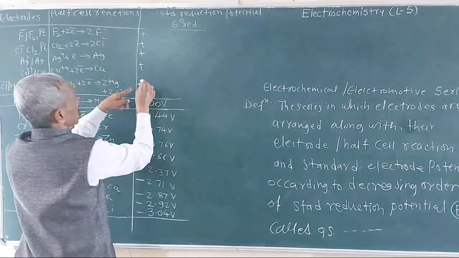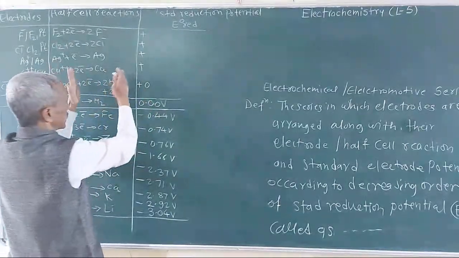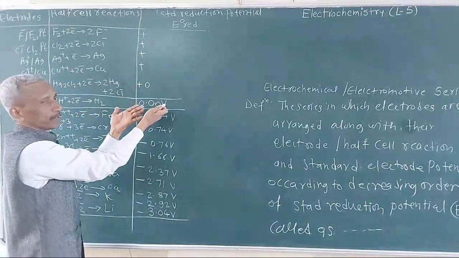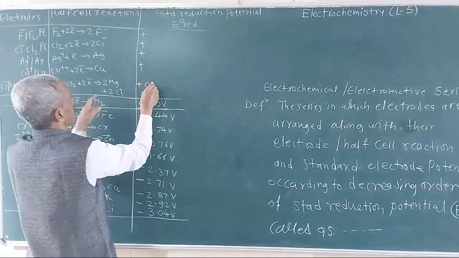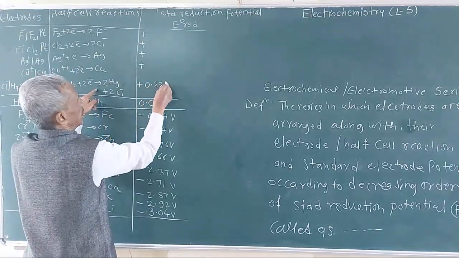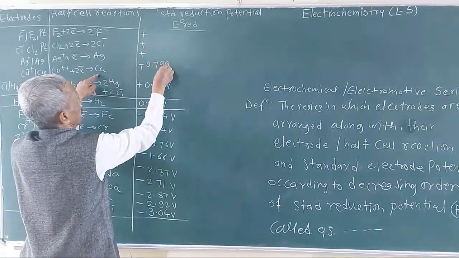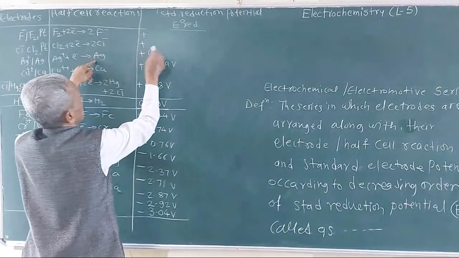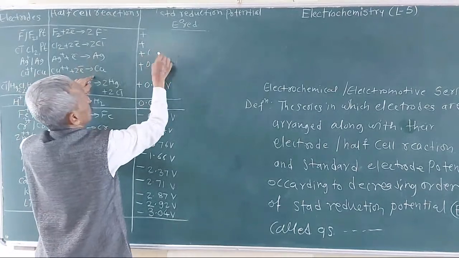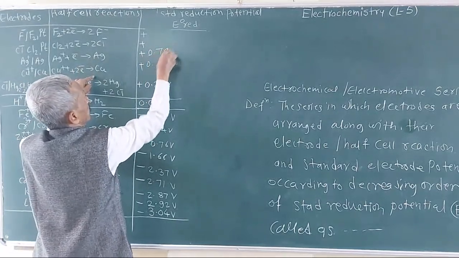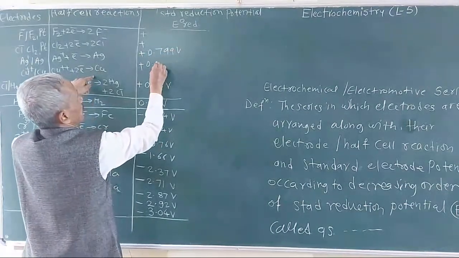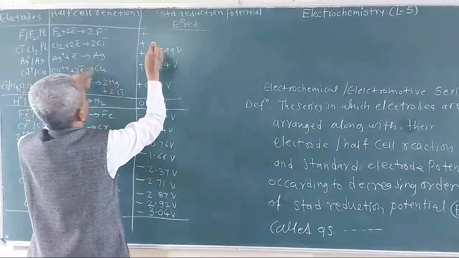For this, the positive value indicates they have a tendency to undergo reduction compared to the hydrogen. So here this has 28 volts. Copper has 0.799 volts, whereas silver, this copper has 0.799 volts, and this copper has 34 volts.